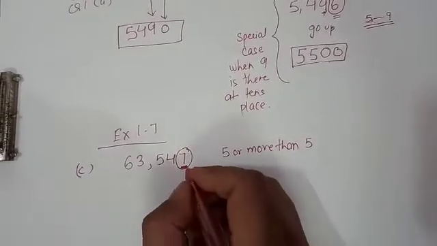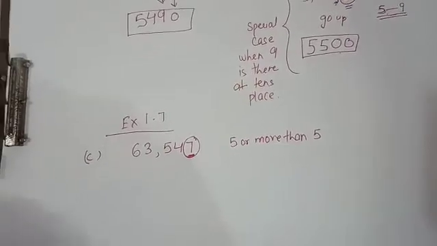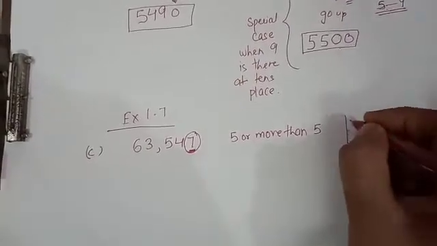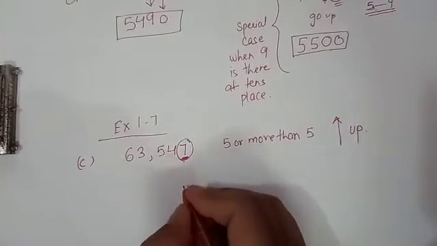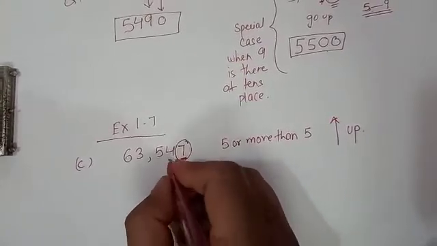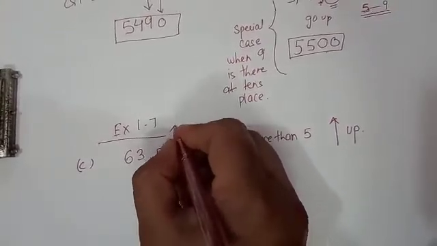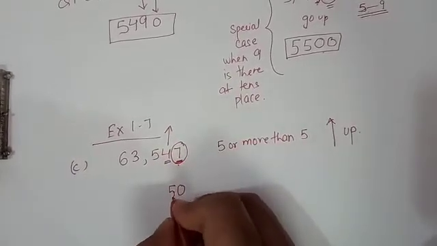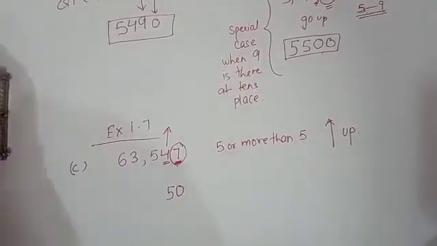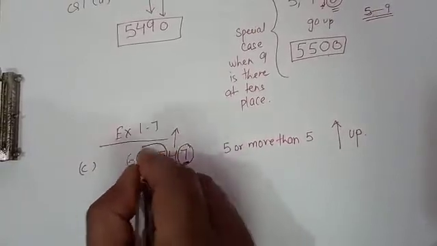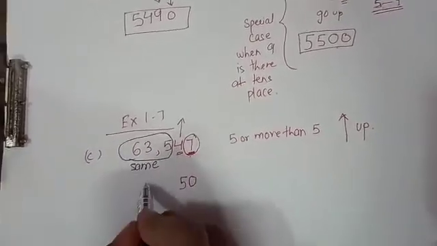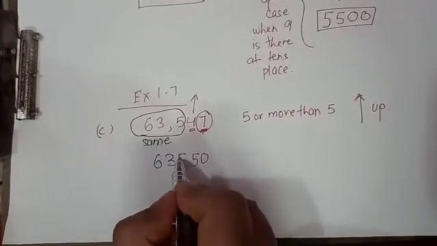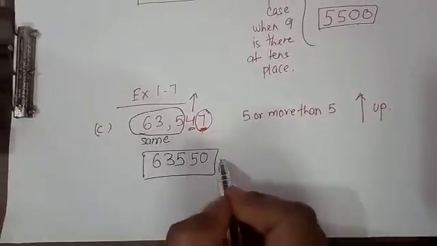It is more than 5. So what will happen? It will round up. So 7 will become 0. 4 will go up. That means it will become 5. Rest all numbers remain the same. So they will remain the same. 6, 3, 5. So this is our answer.